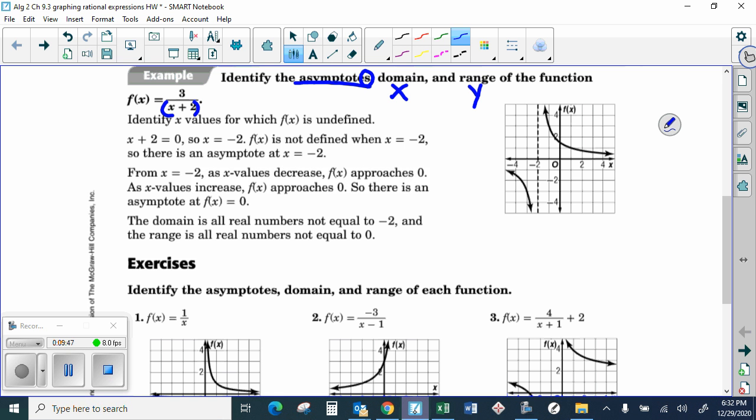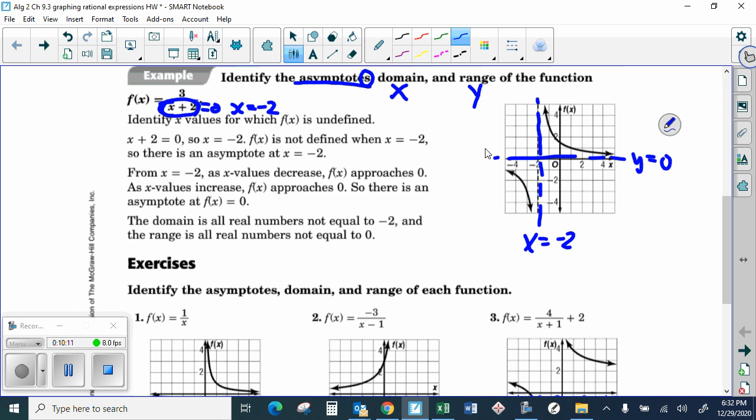Okay, right here. So we are identifying the asymptotes. Well, the one asymptote right here, what's the equation of the x-axis? y equals 0. What's the equation of this line right here? x equals -2. Okay, now where do you get that from? You just set the denominator equal to 0 and solve. x equals -2.